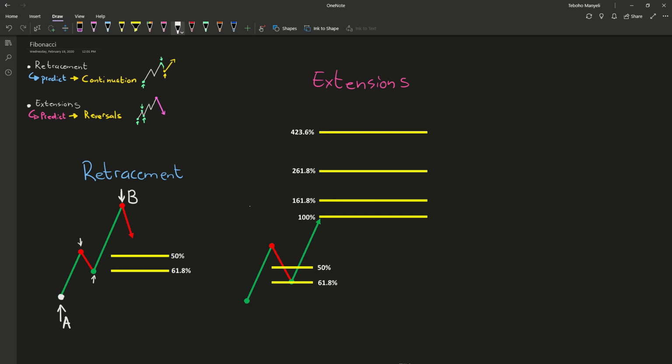So what we're looking for is a point called point C, and according to the Fibonacci, this usually happens between the 50 and 61. So it will happen either by the time we touch 50 or by the time we touch 61, which simply means that the actual trend, so the trend here is moving upwards. It went from A all the way up to B. So A will then be known as your point 100 and B will be known as your point 0.